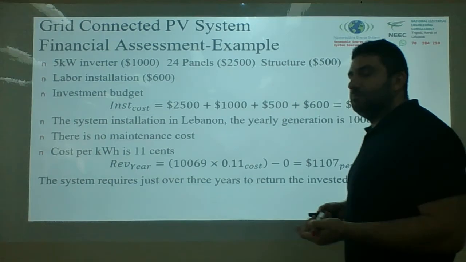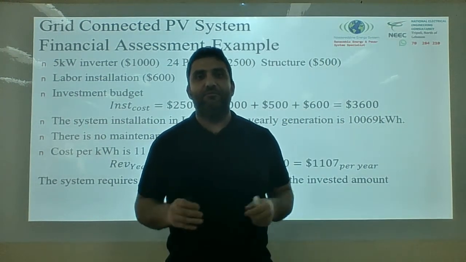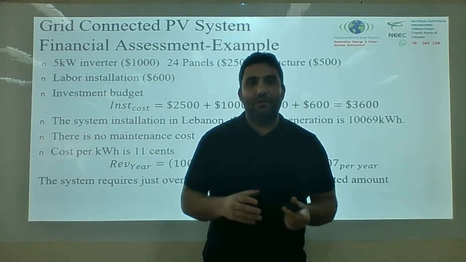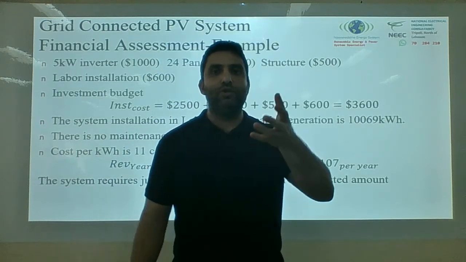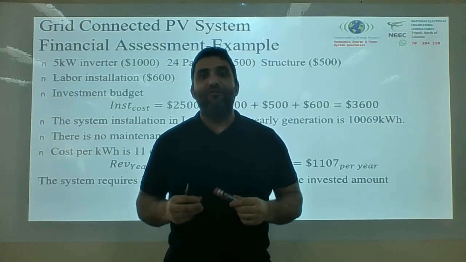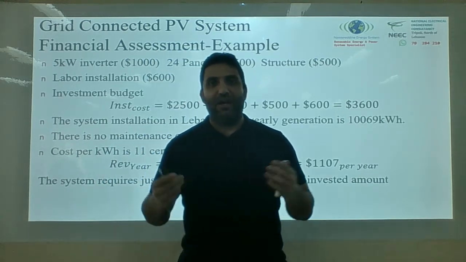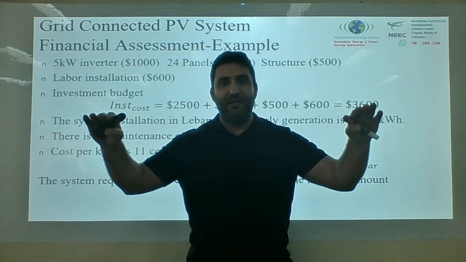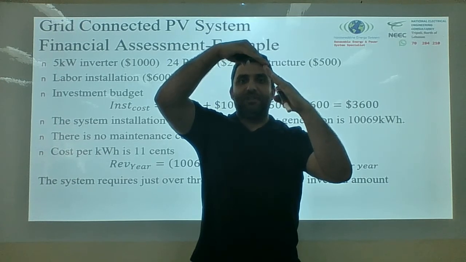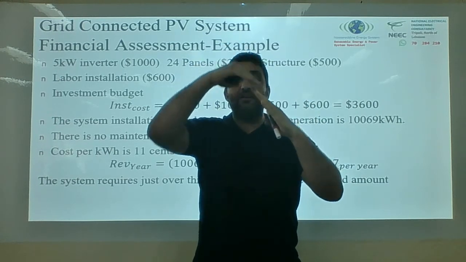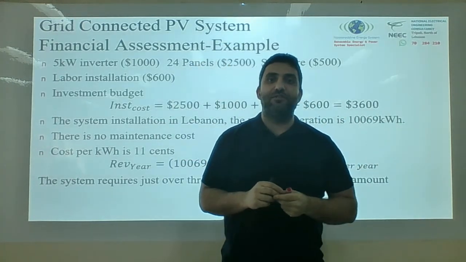That's it for this lecture. So what we've done in this lecture: I showed you the detailed design for a grid-connected system for a residential property. I showed you the required area. I showed you the determination of the tilt angle and the orientations.